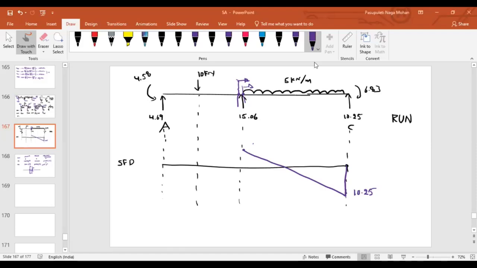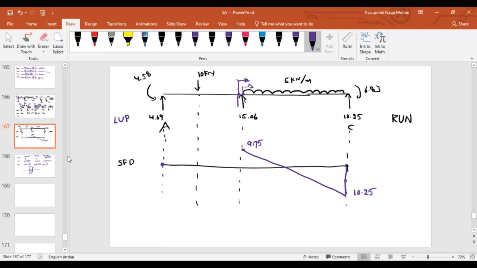Now forget about this. As of now, is it clear? 9.75. Yes, sir. Now forget about this joint. Now come to the support A. At support A, can you tell me what the shear force is? Right side upward is negative, left side upward is positive. So what is the shear force at A?